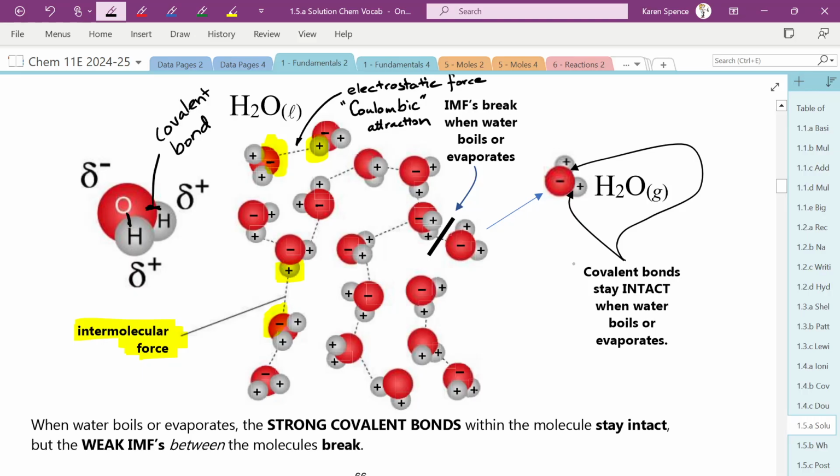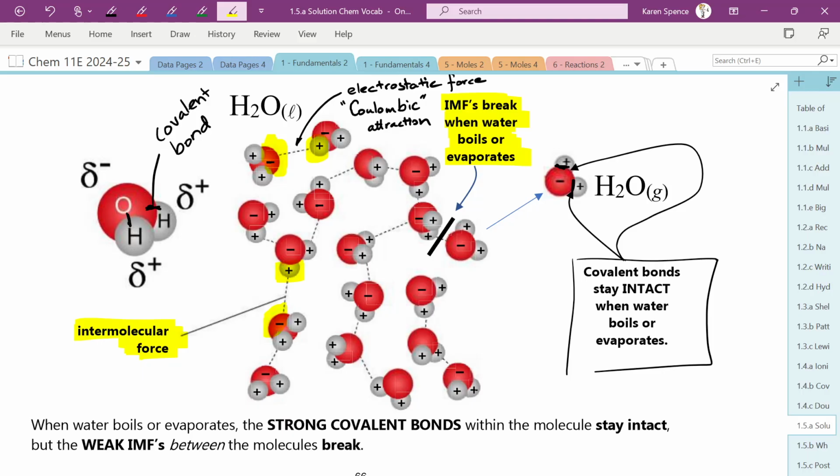Okay, and oh, look, we have it over here. The covalent bond, the covalent bond. So the IMFs, which is short for intermolecular forces, they break when water boils or evaporates.